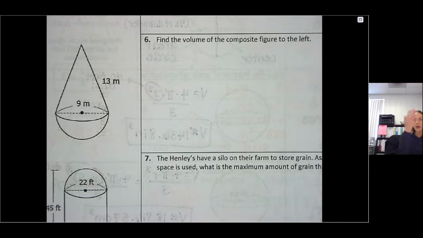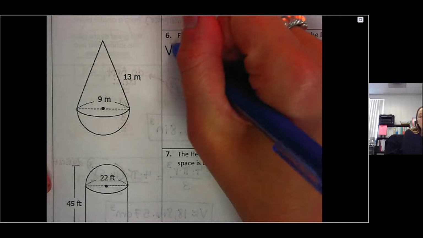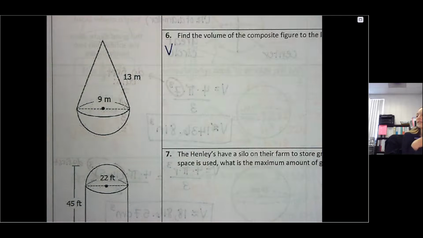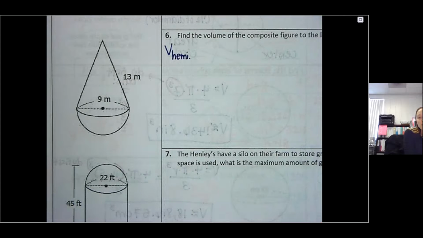Hemisphere and a cone, exactly. So we're gonna find individually the volume for each one, and then what are we gonna do at the end? Add them together, great. Because they're 2 different volumes, I like to label mine. I'm gonna do the hemisphere first, and I'm gonna write volume of, and put Hemi right next to it.